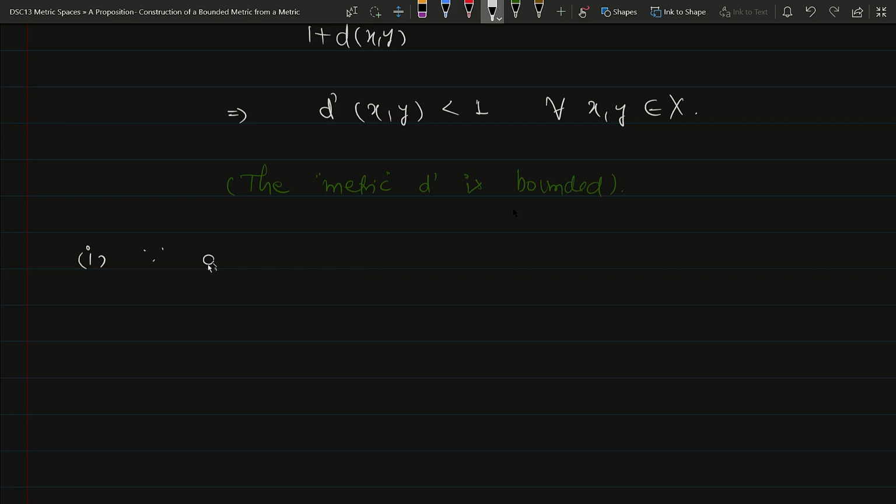Since we have that d of x comma y is always greater than or equal to 0, therefore 1 plus d of x comma y is also strictly greater than 0 for all x and y in X. Since this is strictly greater than 0, we can use this term as a denominator.